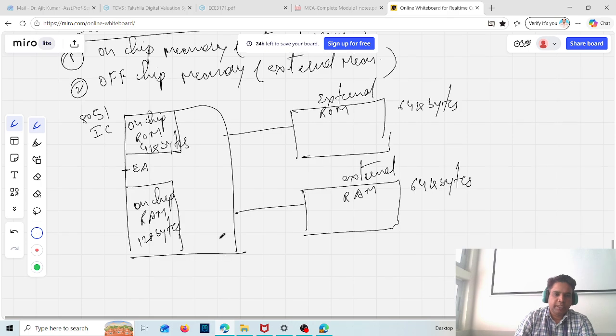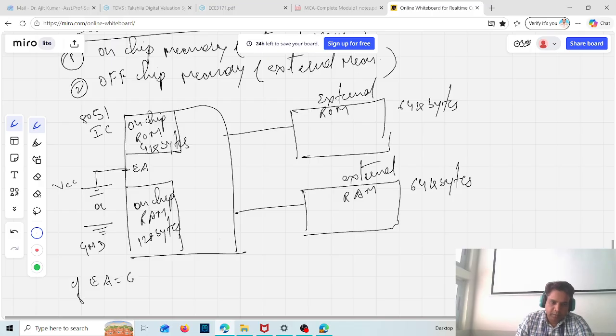See, we connect this EA either to VCC, or we connect this to ground.